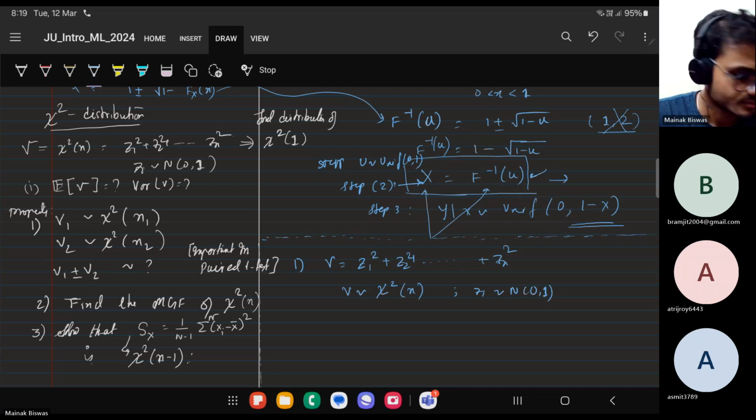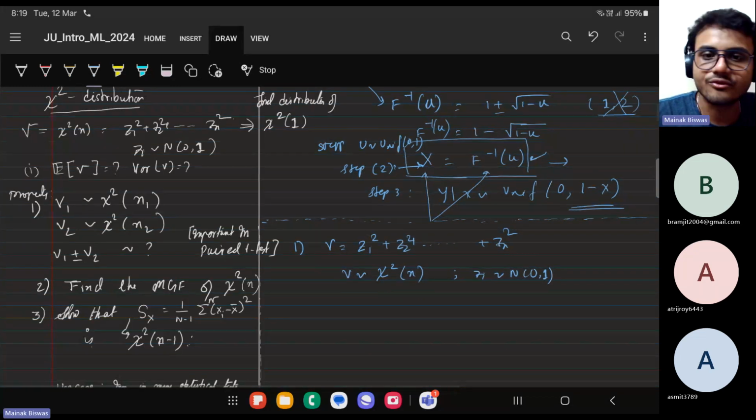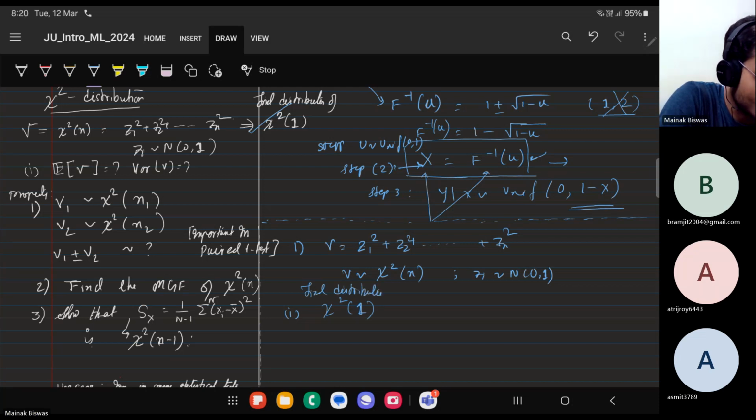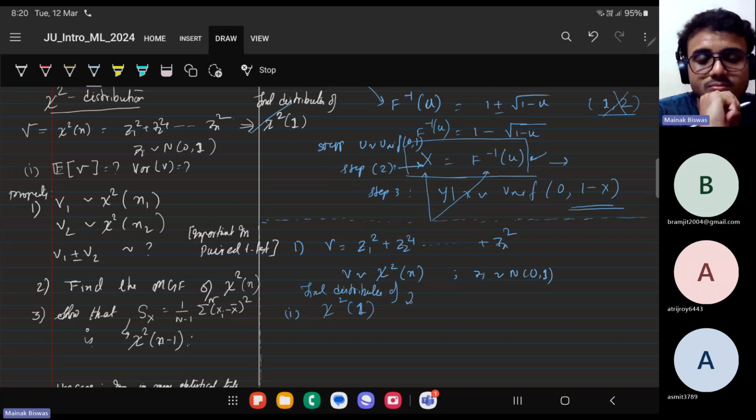Okay. So first, let us warm up with a simple example. Let us try to find the distribution of chi-square 1. How will you find it?